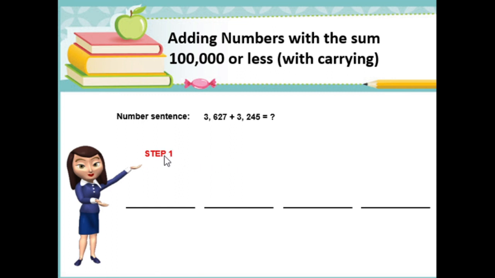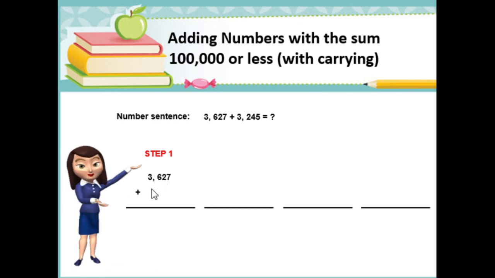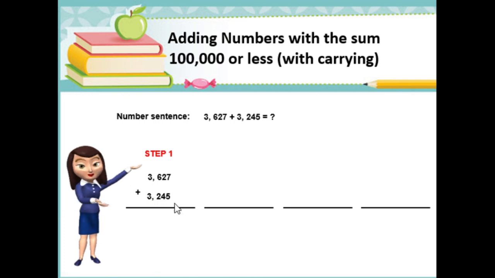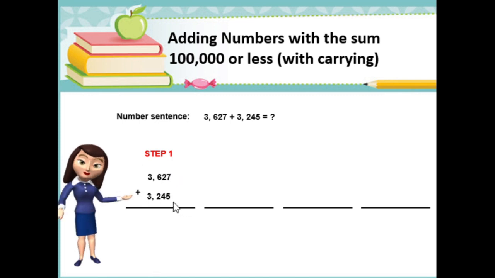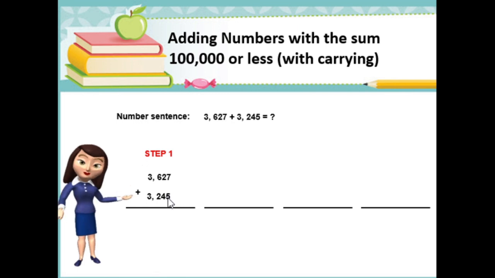Now let's begin with step 1. 3,627 plus 3,245. Start with adding 7 and 5. 7 plus 5 equals 12.